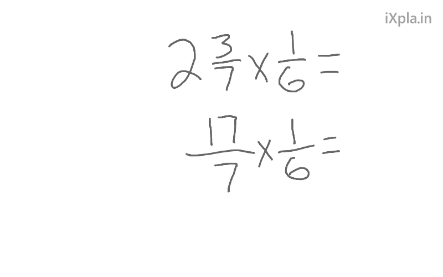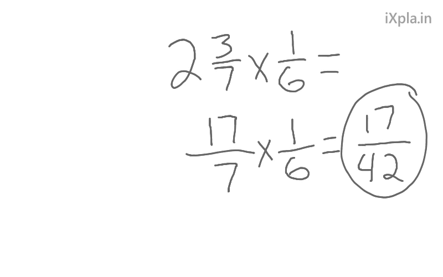We see if anything cross-cancels, and again, nothing does on this one. So we go ahead and multiply across, and we get 17 over 42. Okay, I'm going to have you do the rest of number 1 on your own.